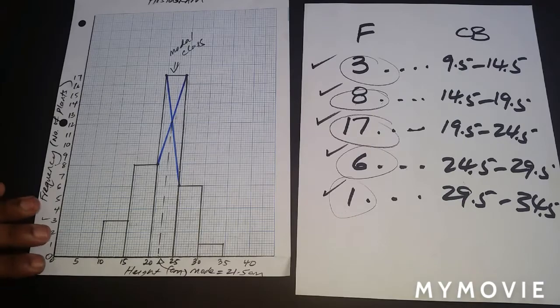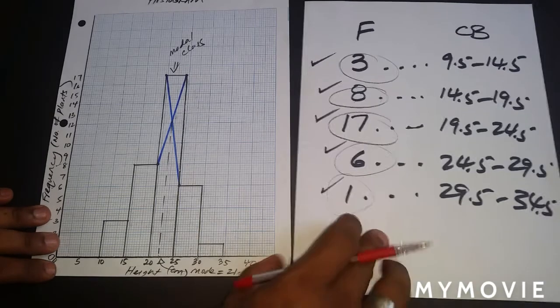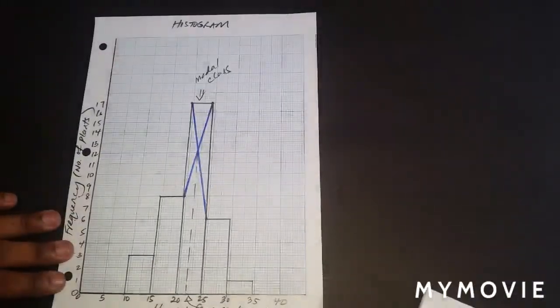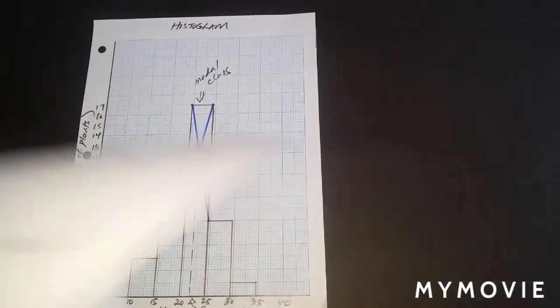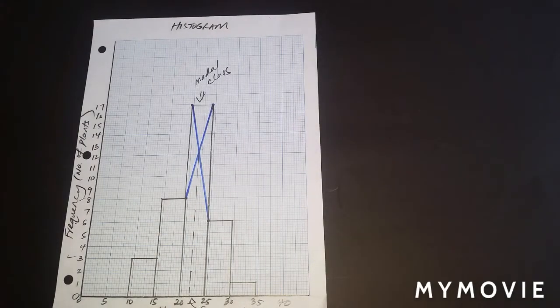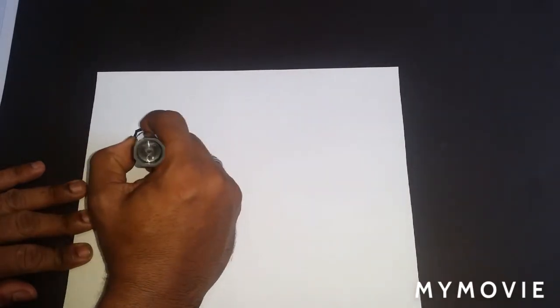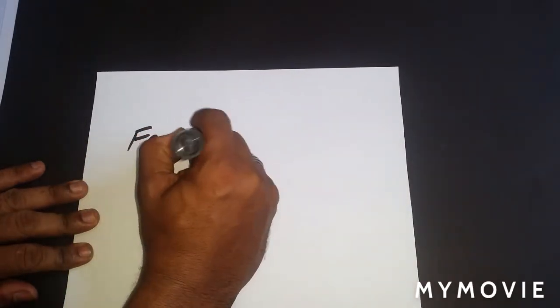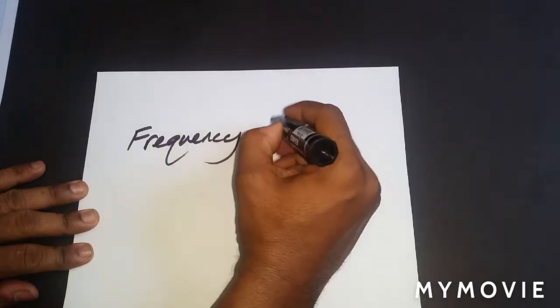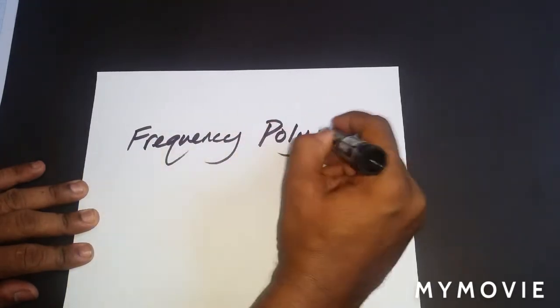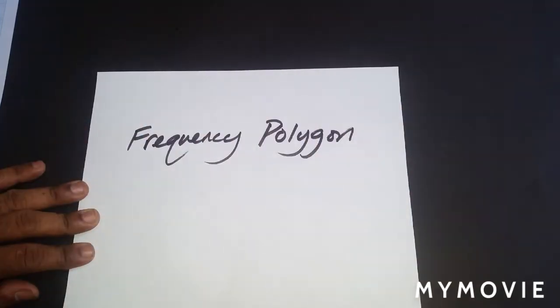Now I'm going to kill 2 birds with 1 stone here. I'm just going to remove this out here because I want you to be focusing clearly. Now what I'm going to do is show you clearly using the histogram how we get this. I'm just going to write it here so it stands out: how we get the frequency polygon.